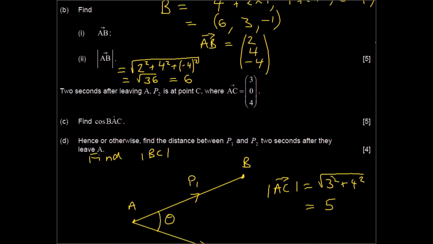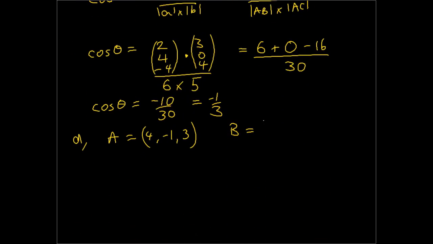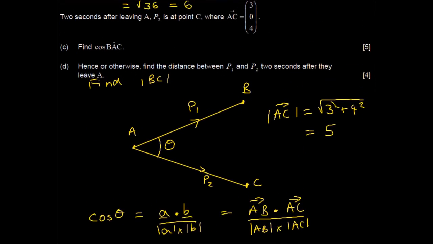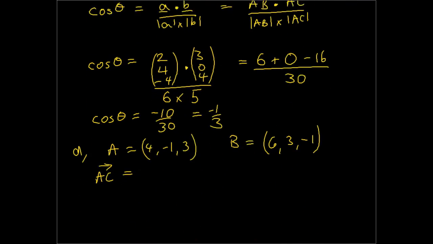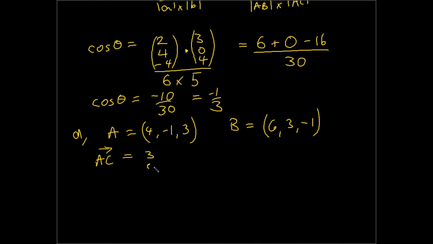B is at 6, 3, minus 1. And then we know that A to C is equal to 3, 0, 4. Alright, and we're trying to find the modulus of BC, not AC. We're trying to find the modulus of BC.